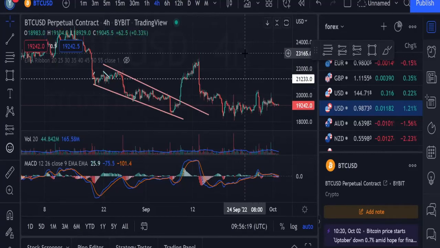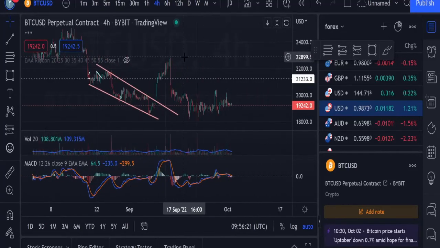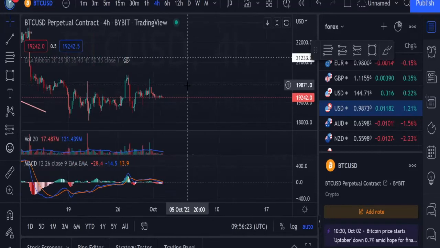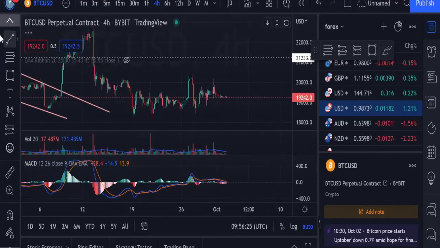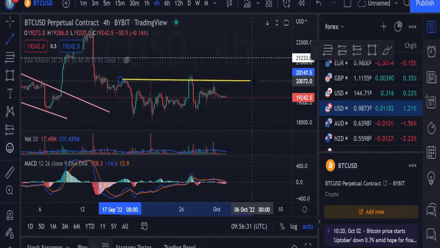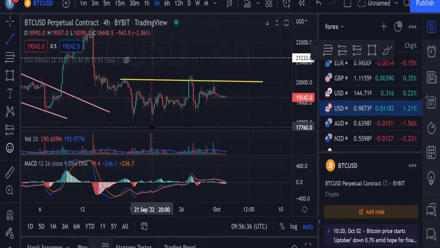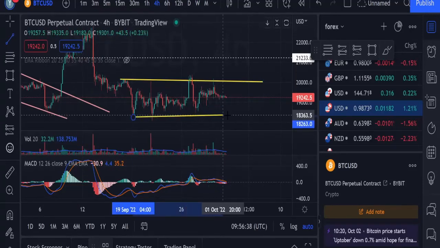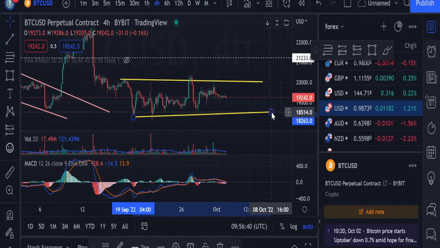What I'll do here is wait for the market to react, and I won't be trading this zone because this is a very choppy market, and I don't like choppy markets. I'll be waiting for the market to react within this zone.